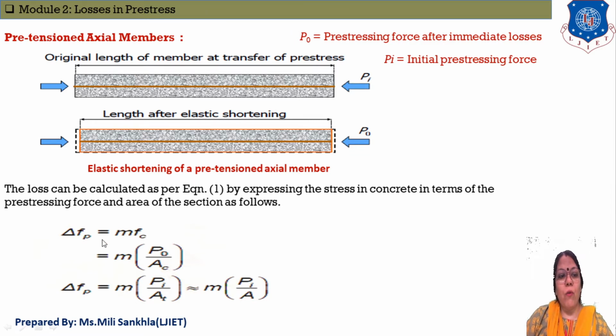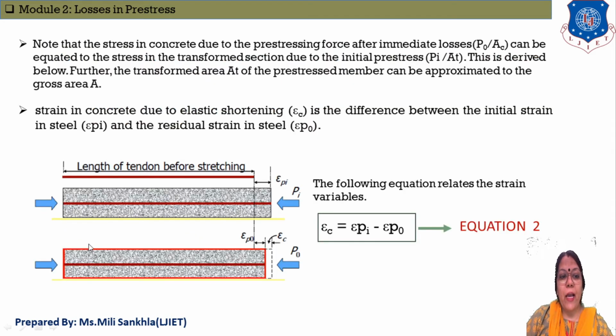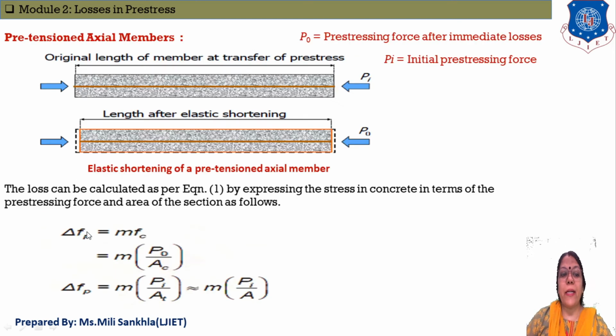Now, what is the equation of loss due to elastic shortening? Delta fp is equal to m into fc, where fc is the stress. Stress is equal to load divided by area. Now P0 is the prestressing force after immediate loss divided by the area of concrete.